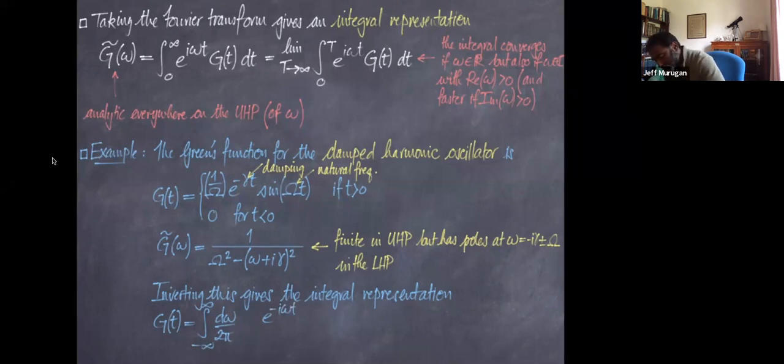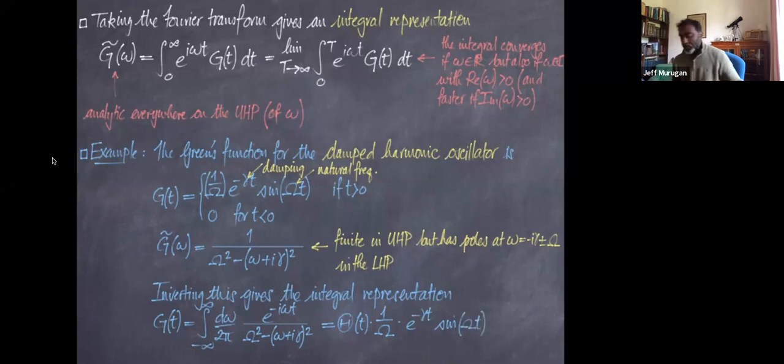e to the minus i omega t over omega squared minus (omega plus i gamma) squared, which is equal to the Heaviside step function theta of t times 1 over omega, when I carry out this integral, times e to the minus gamma t sine of omega t, as we would expect.